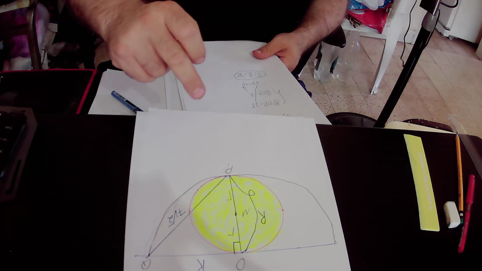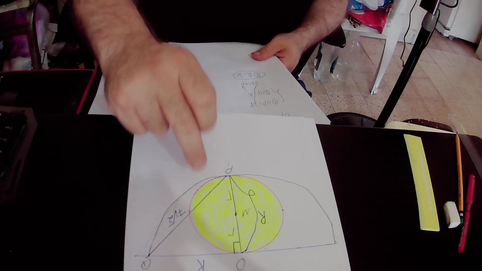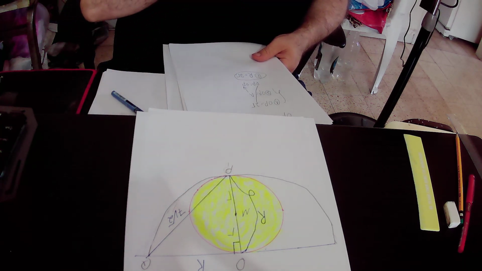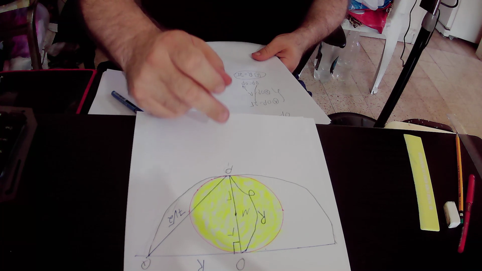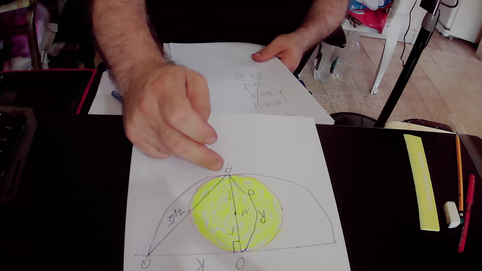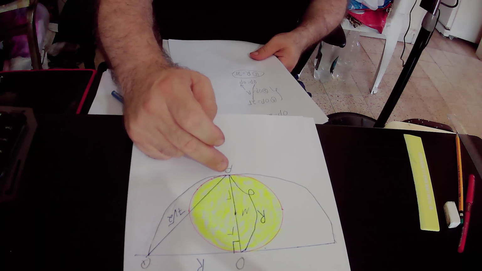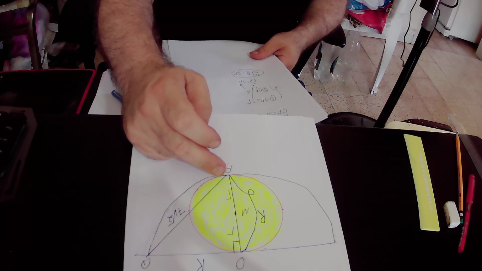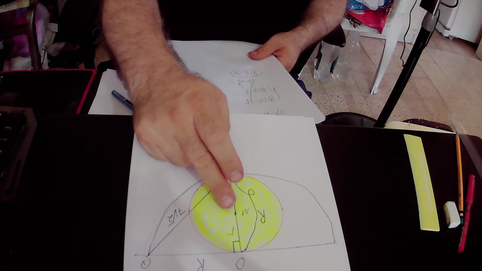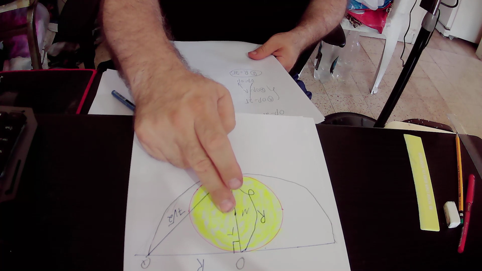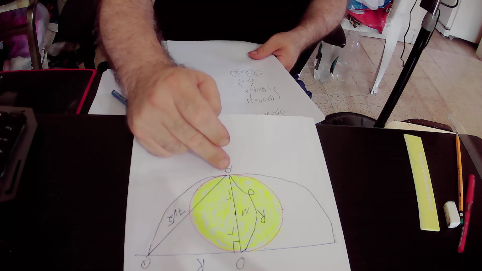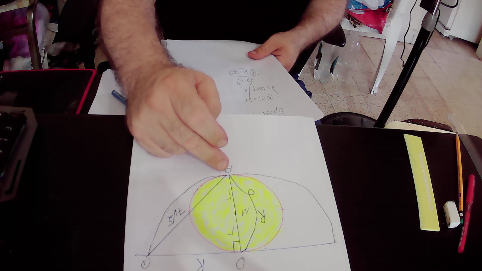Okay, so according to rule number 1, OP is a straight line, and actually MP is also the radius of the yellow circle, because it starts from the center of the yellow circle, that is to say from point M, and ends at point P, a point on the yellow circle itself.